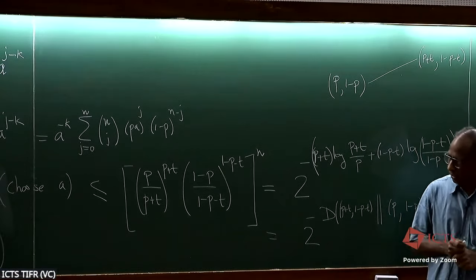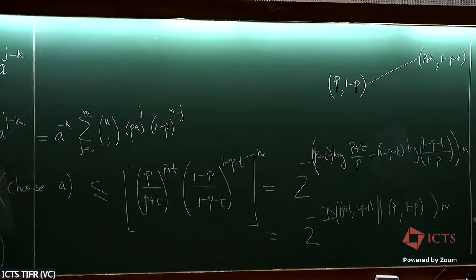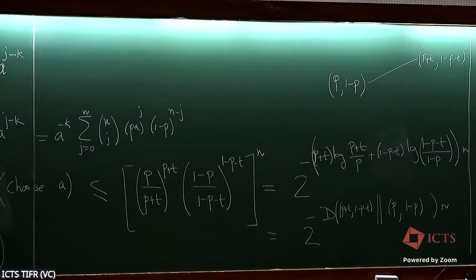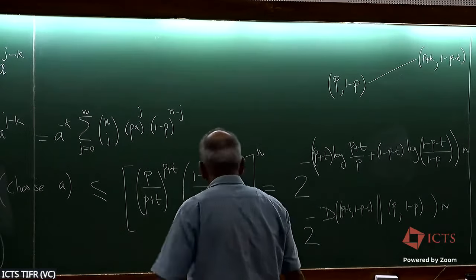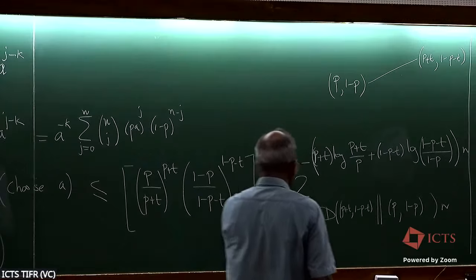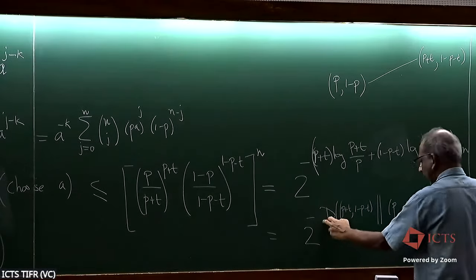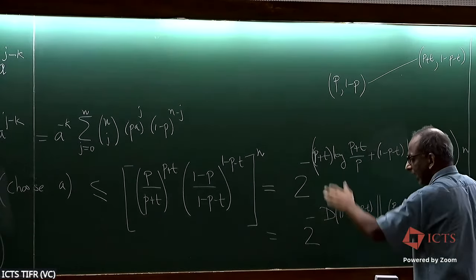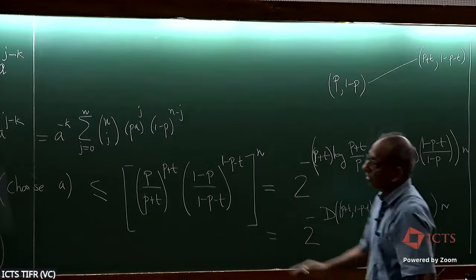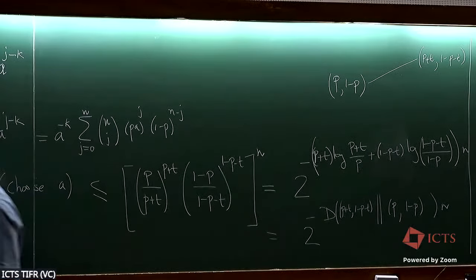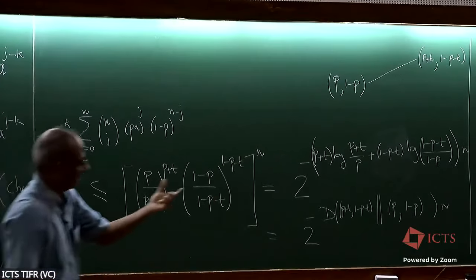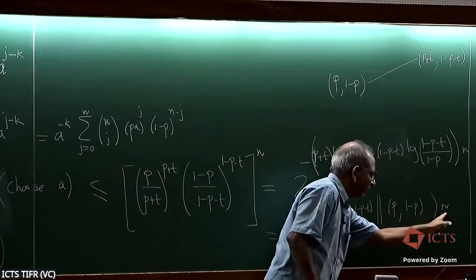Okay. So all this was done just to see that at least in this simple case of binomial distribution, a natural calculation leads to the divergence showing up at the rate of decay of large deviations. The rate at which it decays, the coefficient that comes in front of n.